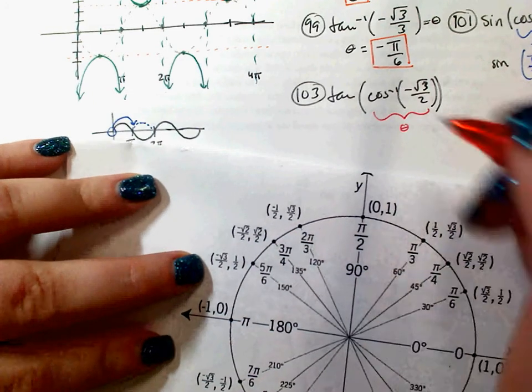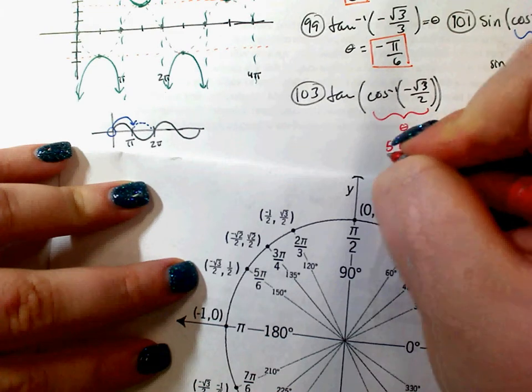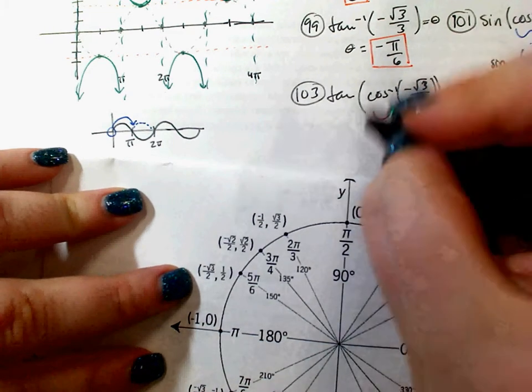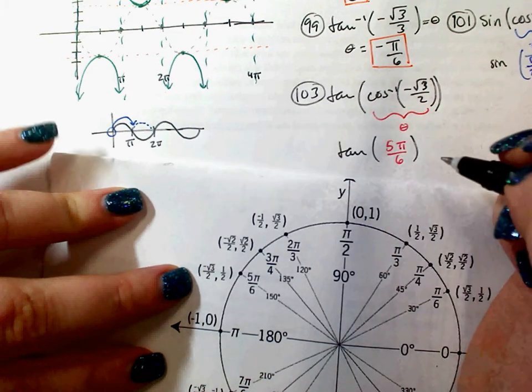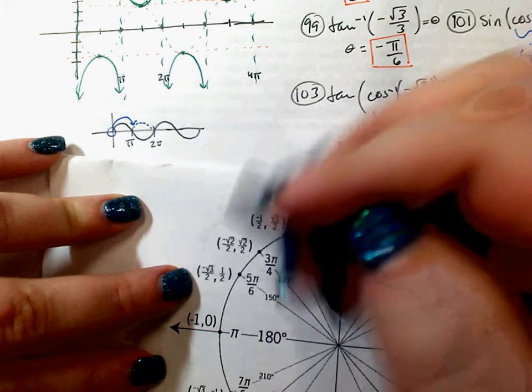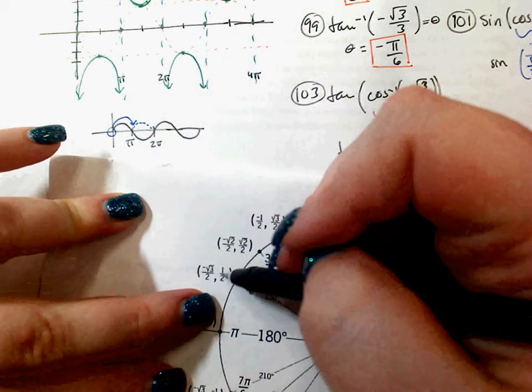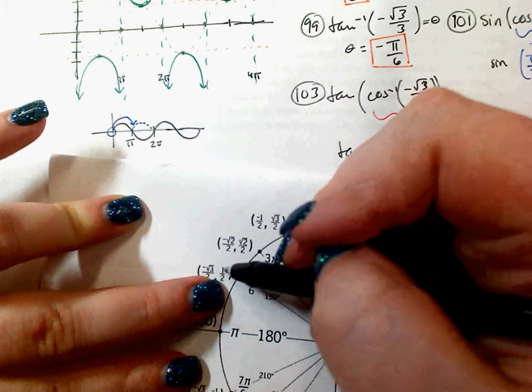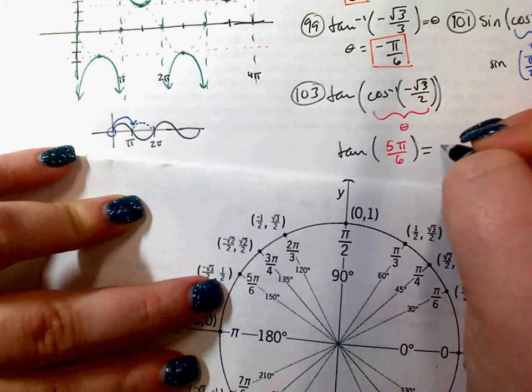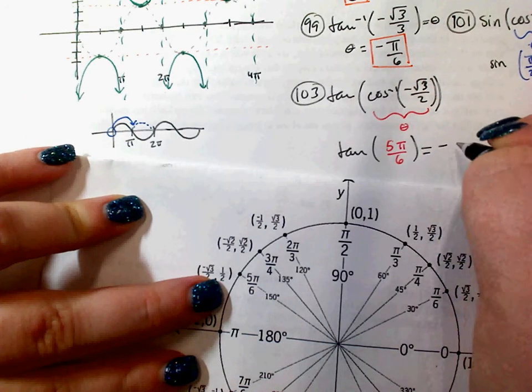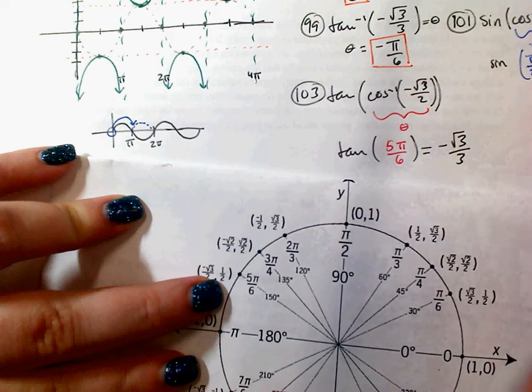So I'm actually asking you to find tangent of 5 pi over 6. So 5 pi over 6 tangent is sine over cosine, which is just y over x. 1 divided by the negative square root of 3 is negative square root of 3 over 3. Okay.